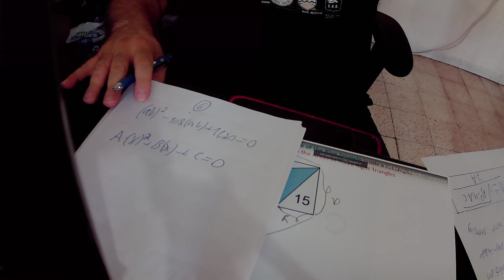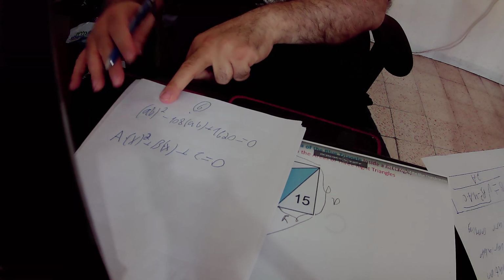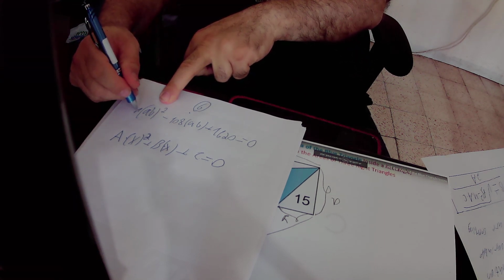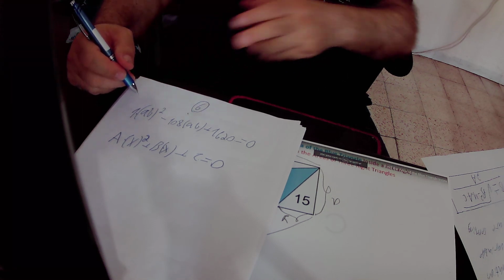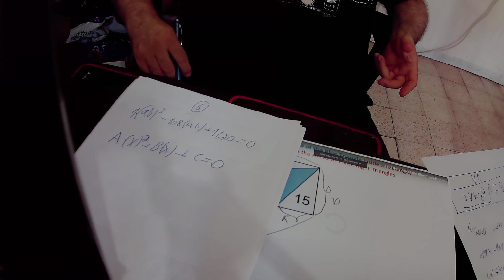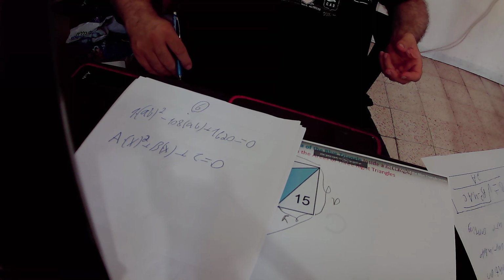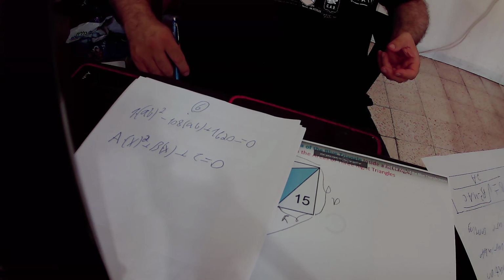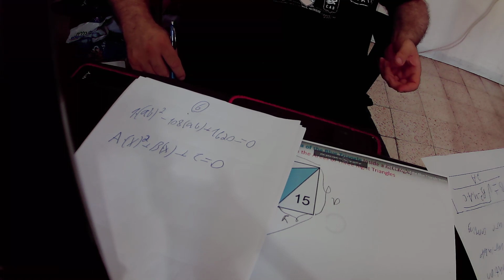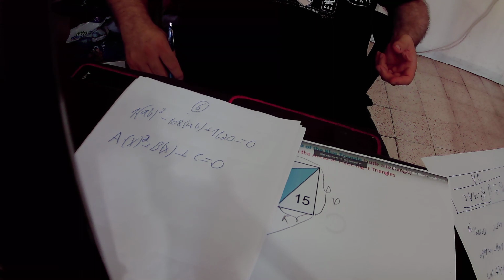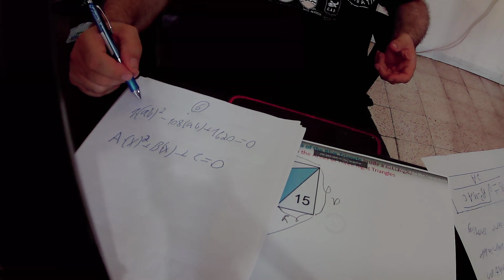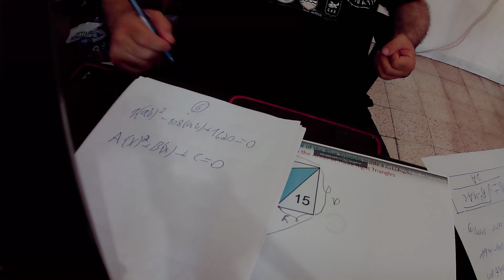Here we can multiply this expression by 1, because any number or expression multiplied by 1 doesn't change anything, it will be the same. So we can multiply this expression by 1.